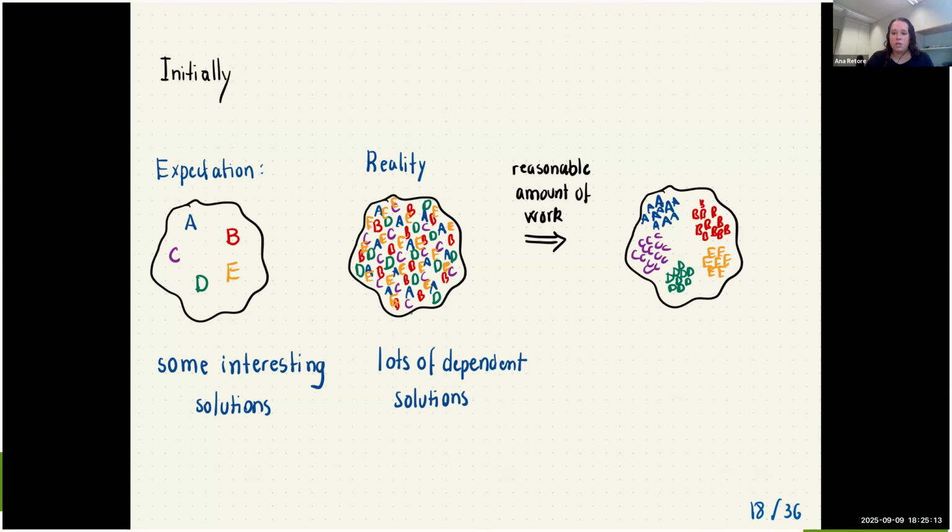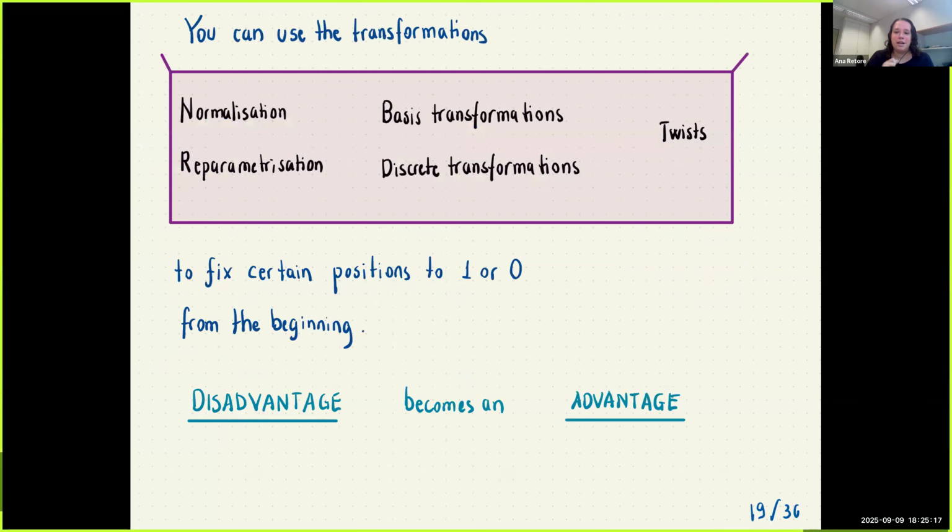But the cause of this is also the solution to the problem, which is that there are many transformations you can apply to the R matrix that preserve Yang-Baxter. If you change normalization, you could reparameterize the spectral parameters. For non-difference form, you can change u and v to f of u and f of v, any function. It still satisfies Yang-Baxter. You can do basis transformations, discrete transformations like permutation or transposition, and twists. All these preserve Yang-Baxter.